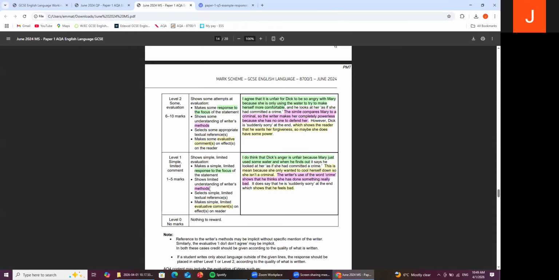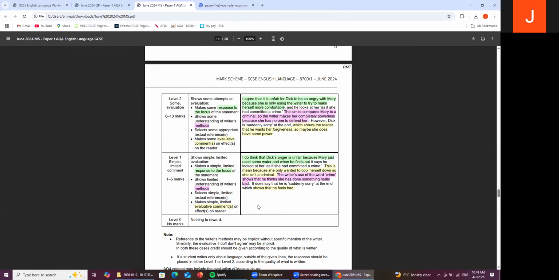So the student might be specific about the language technique, but they're not really making any comment and not showing any understanding of the specific choice of language or structural methods and how they affect the reader when they're reading the text. How is it making them think and feel and so on. And again, it selects simple, limited textual references and makes simple, limited evaluative comments. And for convenience, these examples are color coded as well.